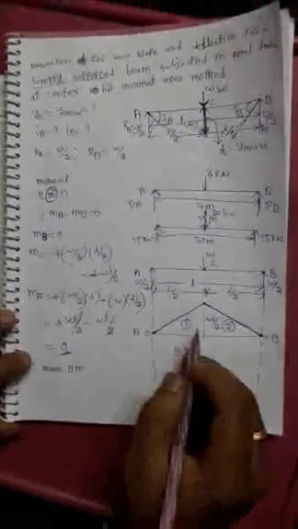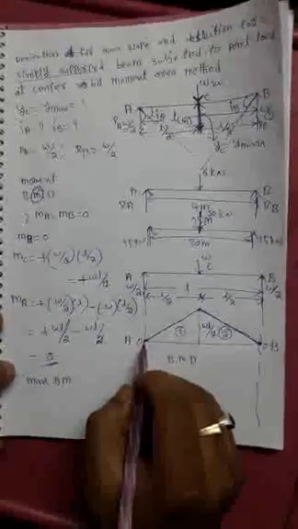Where does the maximum bending moment occur? At point A the bending moment is 0, but at point C it is maximum, so at C equal to WL by 4. This is the maximum bending moment. Through this diagram we are going to find the area, and that area gives the maximum deflection.